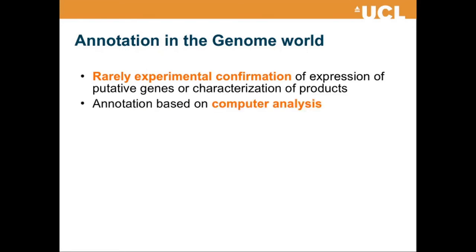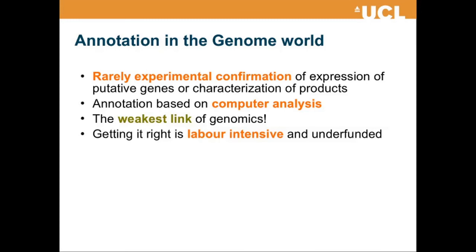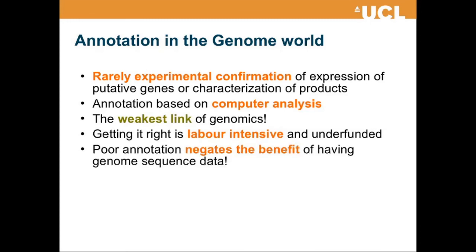Instead, annotations are often based on the sorts of computer analyses that I've talked about in order to find homologues, or indeed to predict where coding regions of DNA occur. And this has been described as the weakest link of genomics. Getting it right is both labour-intensive and underfunded. And some people have gone as far as to say that this poor annotation really negates the benefit of having genome sequence data at all.